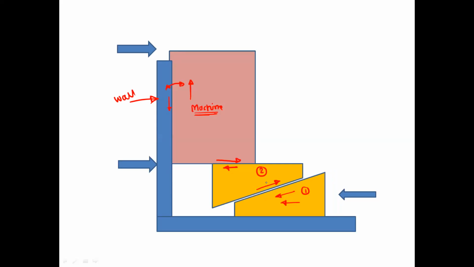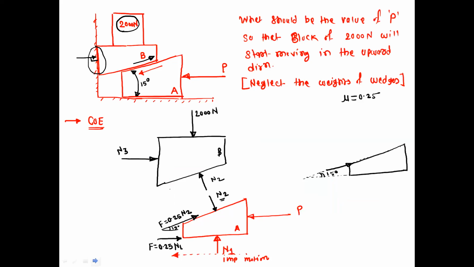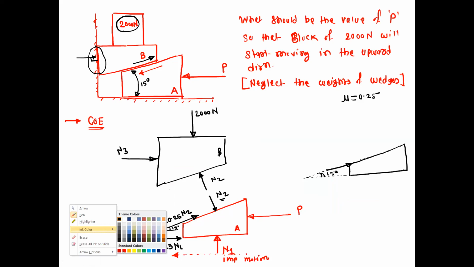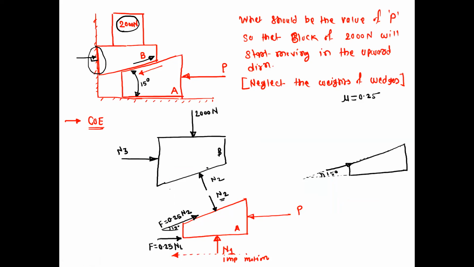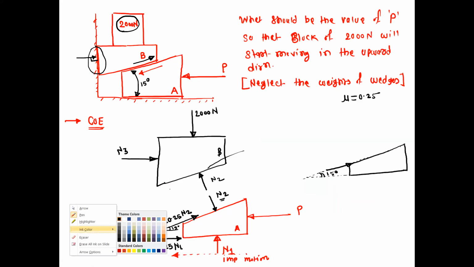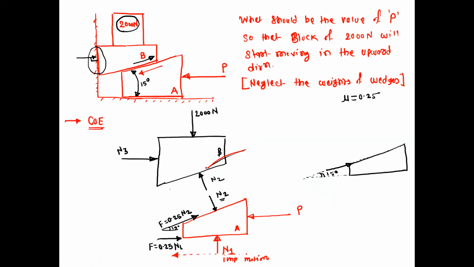Relatively, wedge 2 is sliding on the right side of the wedge 1. So the impending motion for this surface is towards the right side.